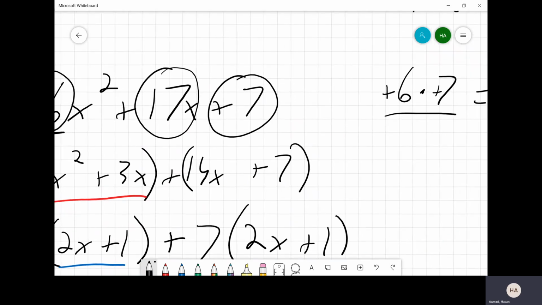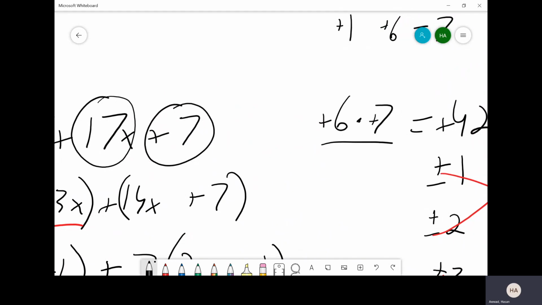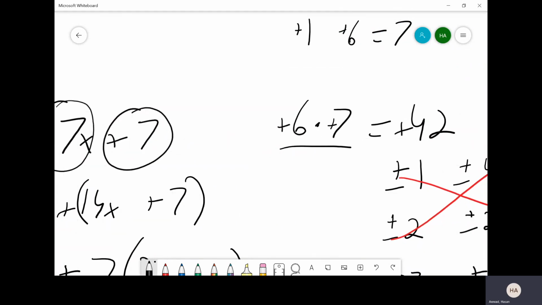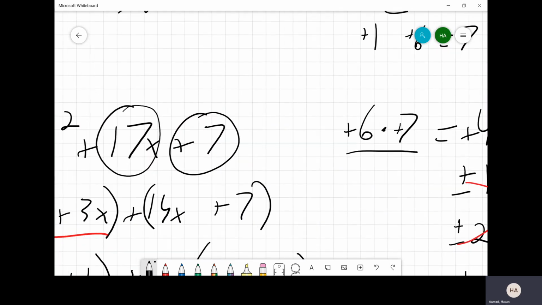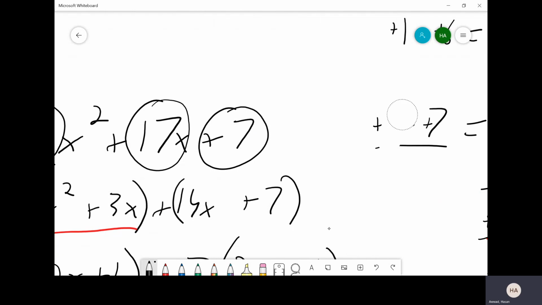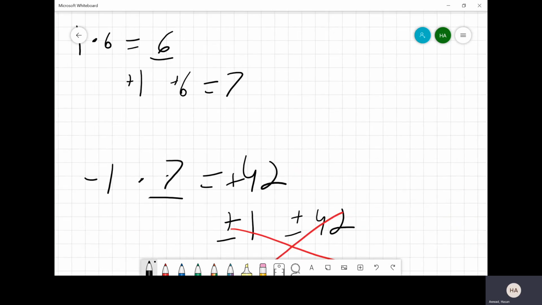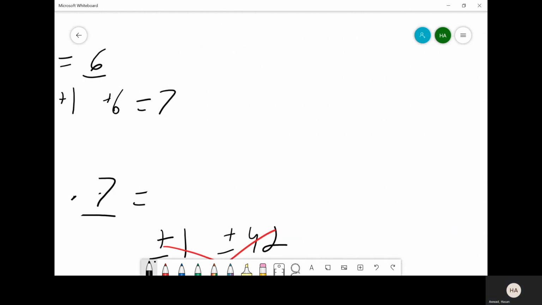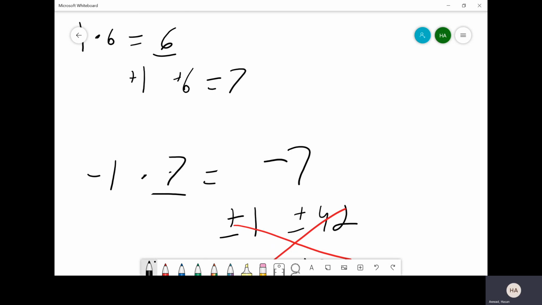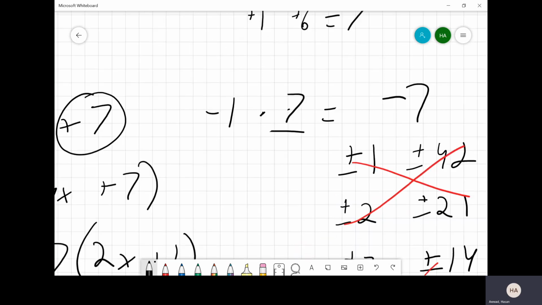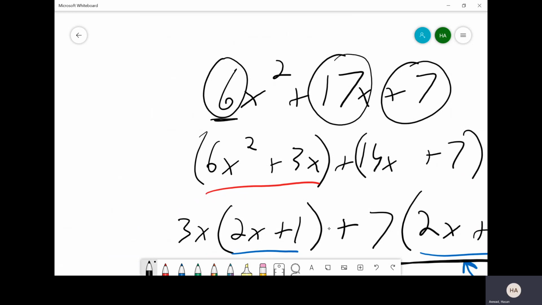For example, if it were -1, it's not going to work out with all the math that we did before, so I'm not going to go through it, but instead of the positive 6 times 7, you would do -1 times 7, and you would end up getting -7 here, and you would look at all the factor pairs of -7, or whatever your number were. So whenever this number here is not 1, you have to do it this way.